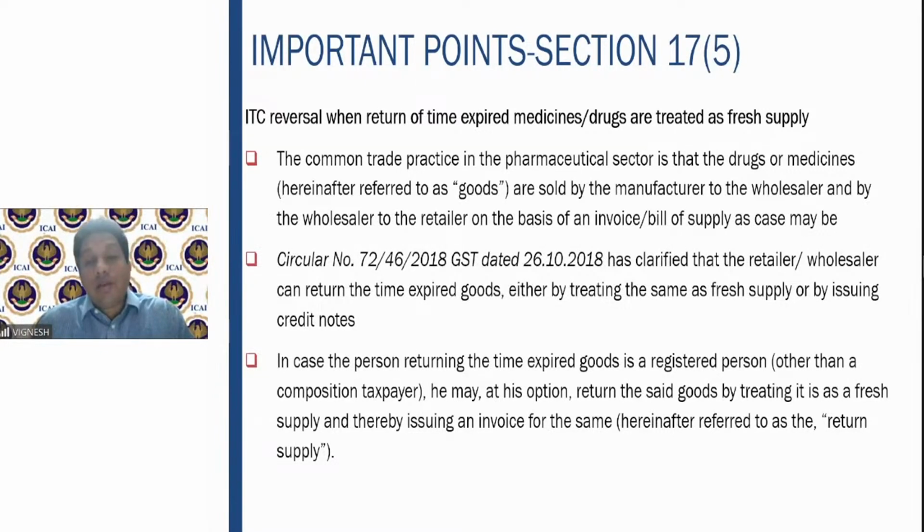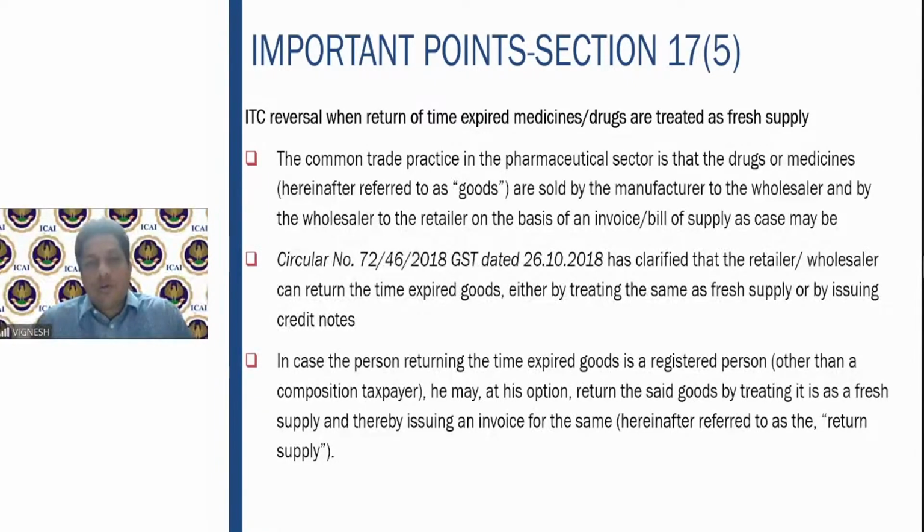Now, whenever the wholesaler or the retailer receives the stock, if the medicines or drugs have expired, that is, the expiry date, usually it is 6 months or 1 year, depending on the medicine, then the clarification was given that the retailer or the wholesaler can return the goods to the respective person.